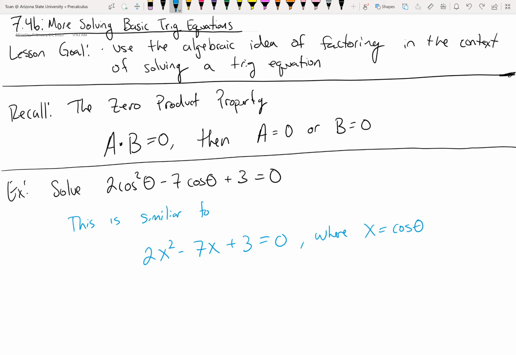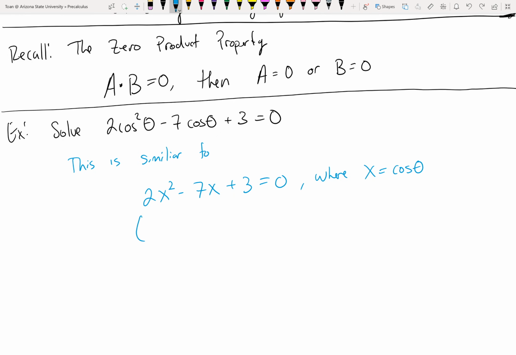But I believe these practice problems will be designed to be factorable, so we should know that this type of quadratic is factorable. What is that? Is it a minus 3 here and a minus 1 here, right?